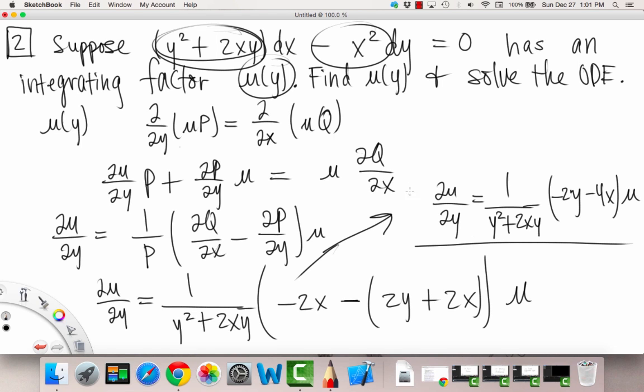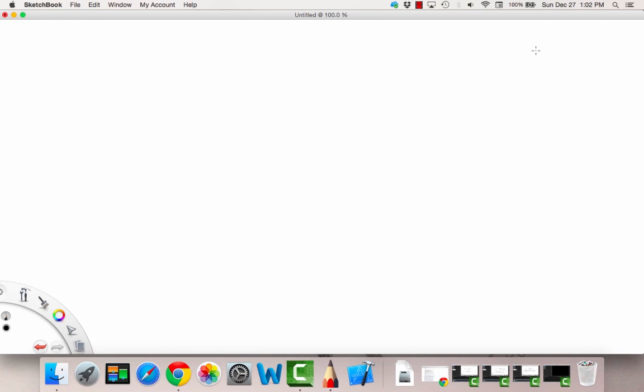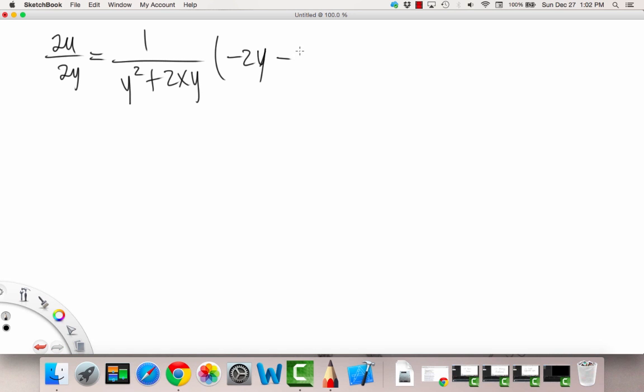Let's take this line and continue on the next slide. So partial mu partial y is equal to 1 over y squared plus 2xy times negative 2y minus 4x times mu.